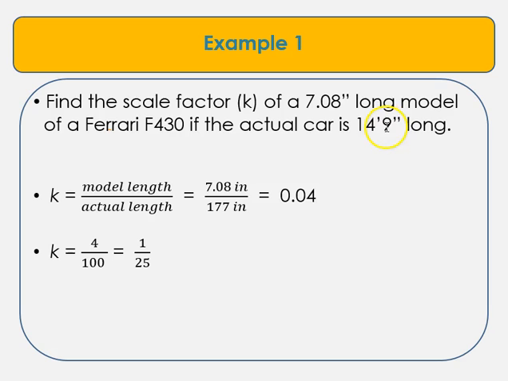So 14 feet 9 inches is 177 inches, which gives 0.04. Now when you express scale factors, you can use decimals, but if they ask you specifically to express as a fraction, you need to remember how to convert this to a fraction. Even though you might have your calculator at hand, you still need to understand that 0.04 is the same as saying 4 over 100, which is 1/25.